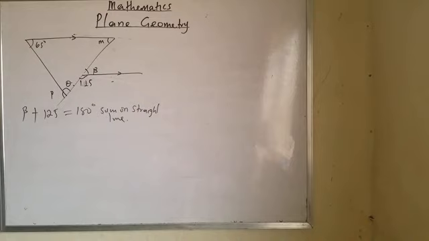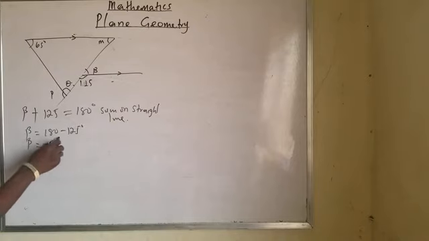Which means my beta equals 180 minus 125. Now, my beta equals what? 55 degrees.